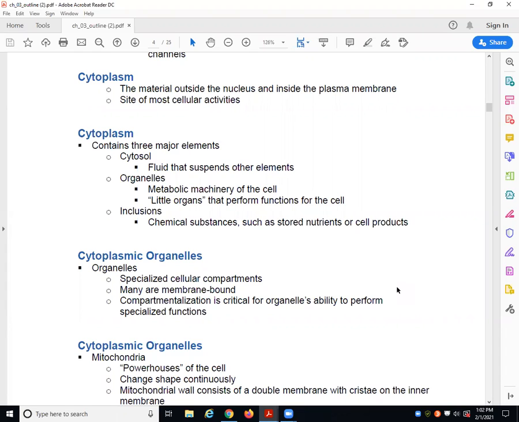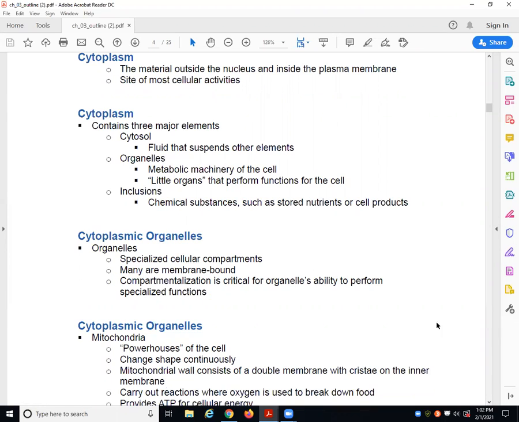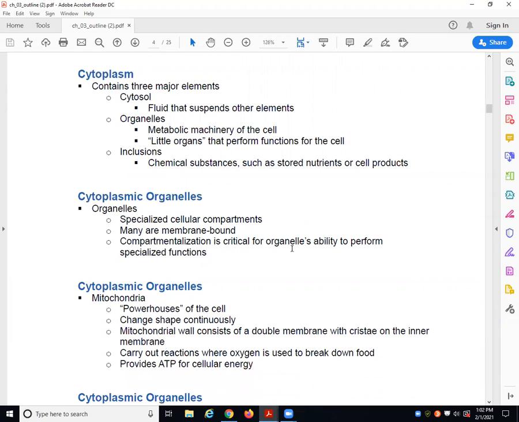It's where most of the things in your cell happen. There are three major elements of the cytoplasm: the cytosol, the organelles, and the inclusions.